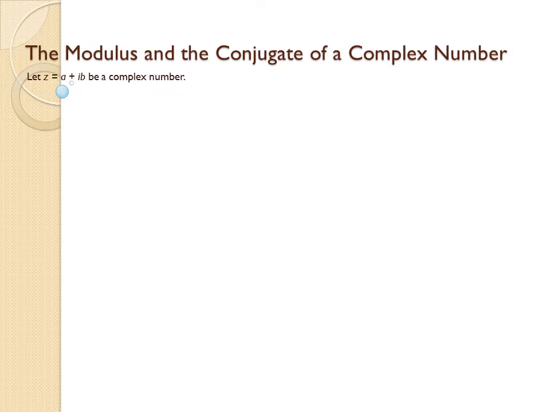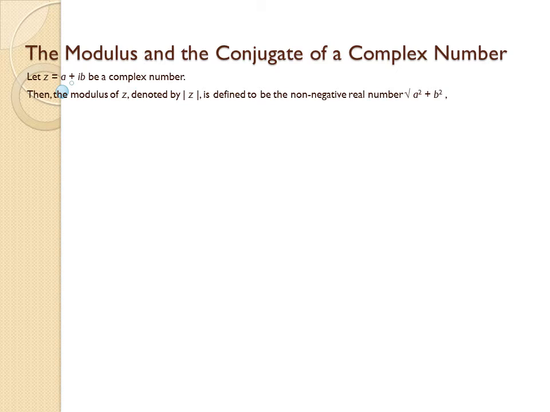We can take a simple example, a plus ib, with z as the notation, so z equal to a plus ib is the complex number. The modulus of z, denoted by z between two pipe signs, which is the common notation of modulus, is defined to be the non-negative real number, and its value is root over a square plus b square.